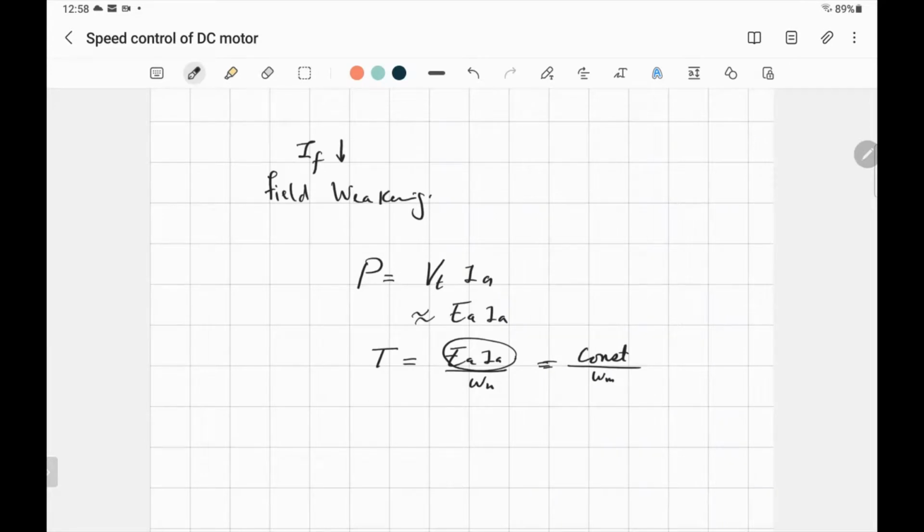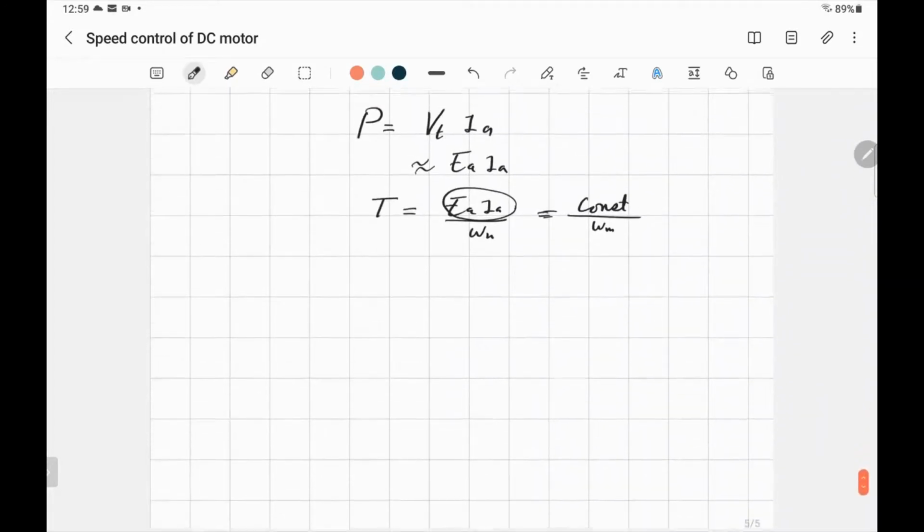But what happened is the drop in the Ea, so the current is going up, replacing that decrease, making it powerful and getting speed again. But we cannot weaken the field for too long or by too much, because the armature current will be increasing rapidly, and we have to watch it, and then we stop weakening the IF.